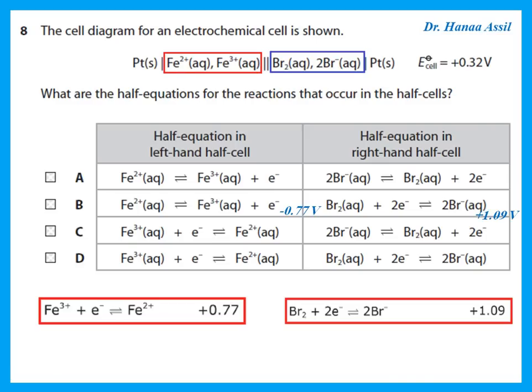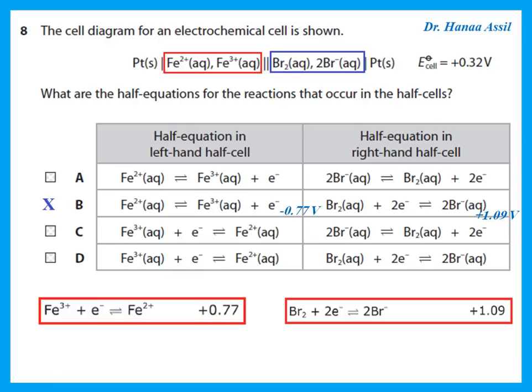So that is the voltage for that cell. And if you calculate the overall, 1.09 minus 0.77, this will give you the overall E cell of plus 0.32. The others will be wrong. For example, A is giving two half equations. Both of them are oxidation. You can't have both of them oxidation.